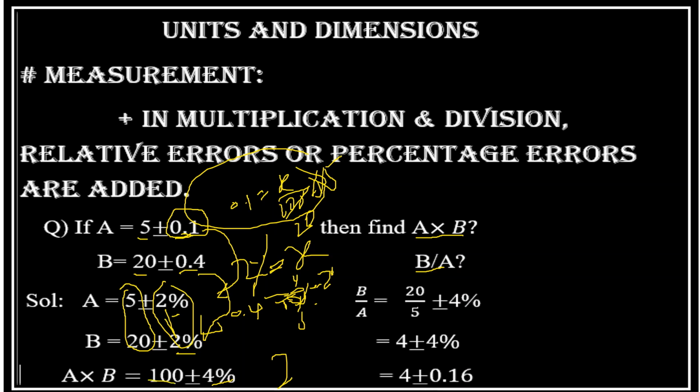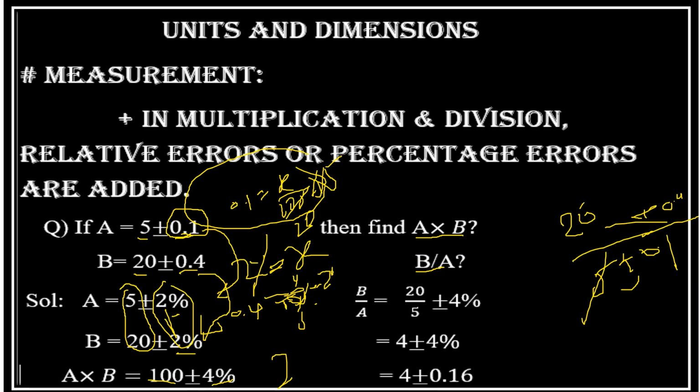Then finding b by a. Here b is 20 plus or minus 0.4 and a is 5 plus or minus 0.1.